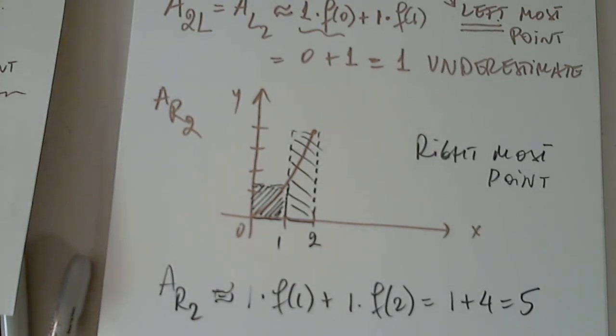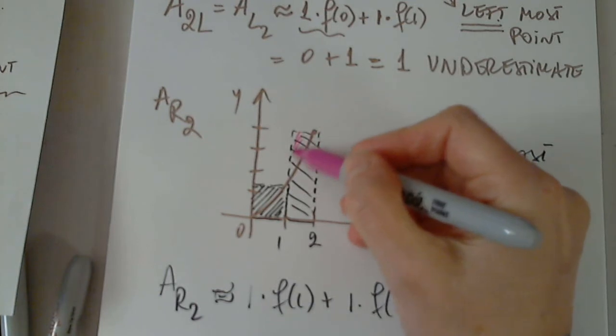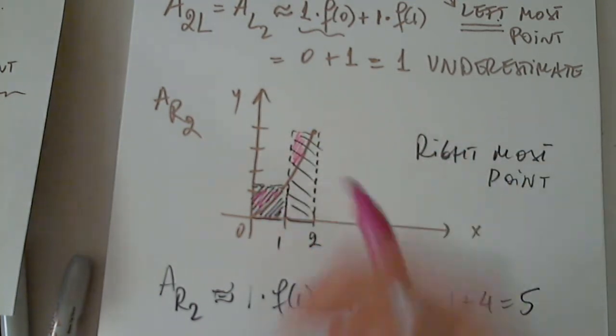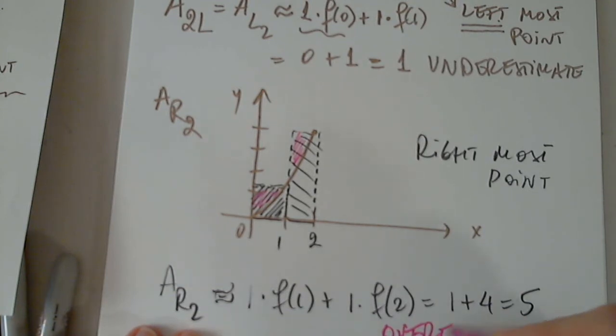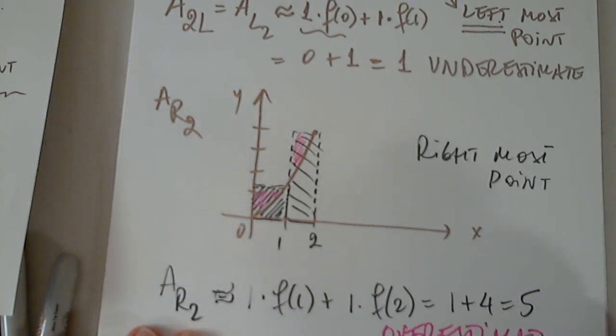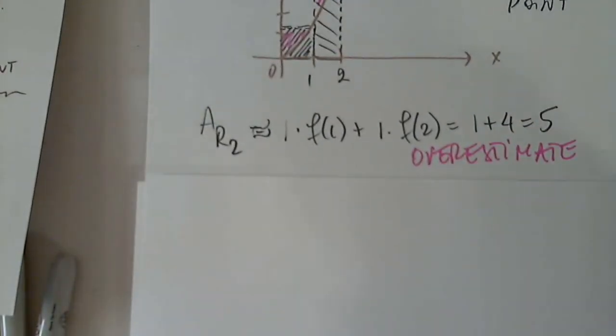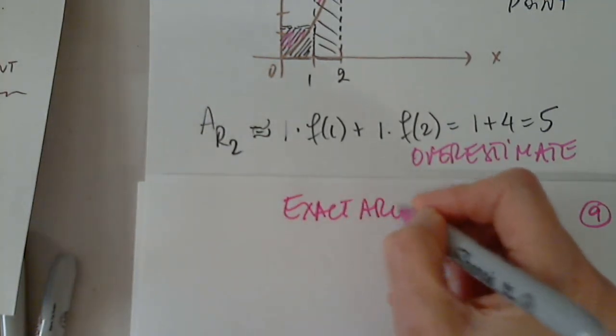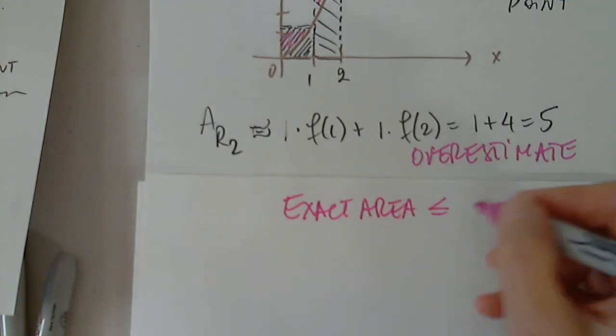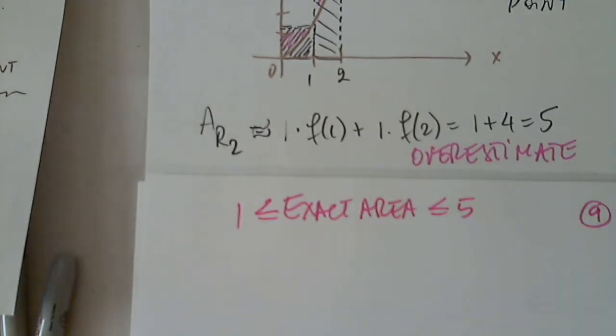Of course, it's an overestimate because of these pieces, which are not under the graph. So this is an overestimate. Where is the true exact area between those two? The exact area is definitely less than or equal to 5, but definitely more than or equal to 1.